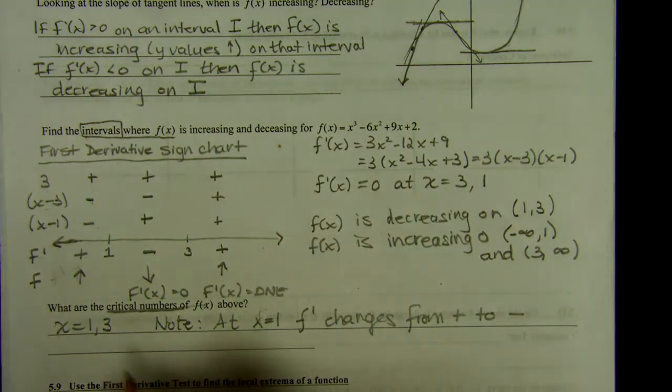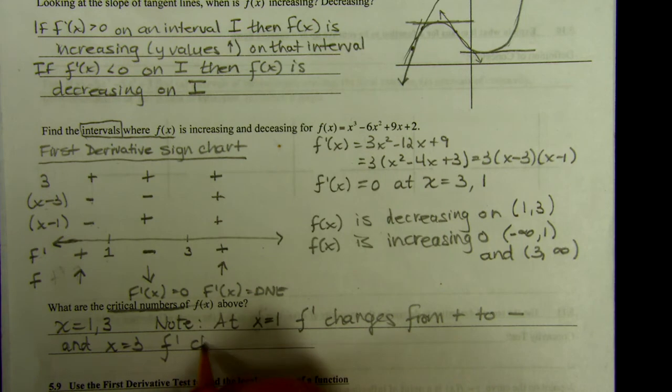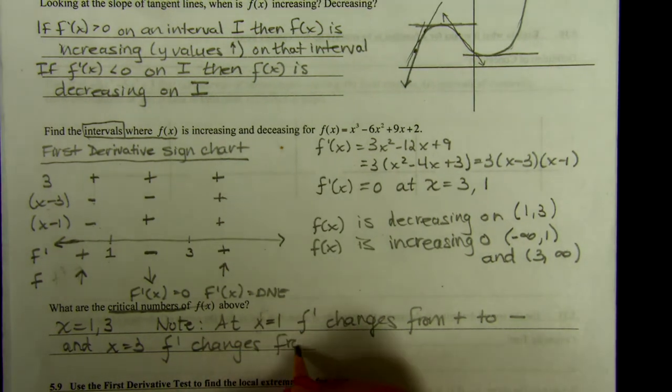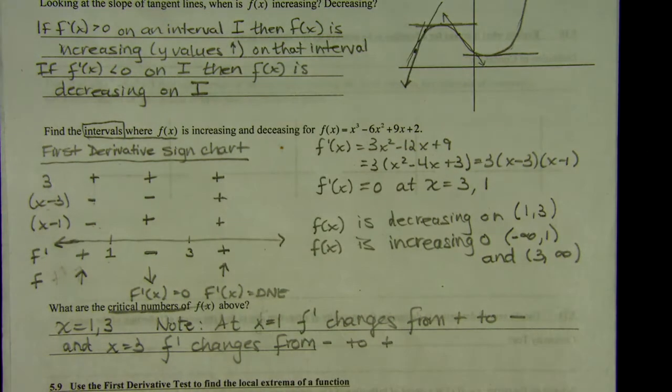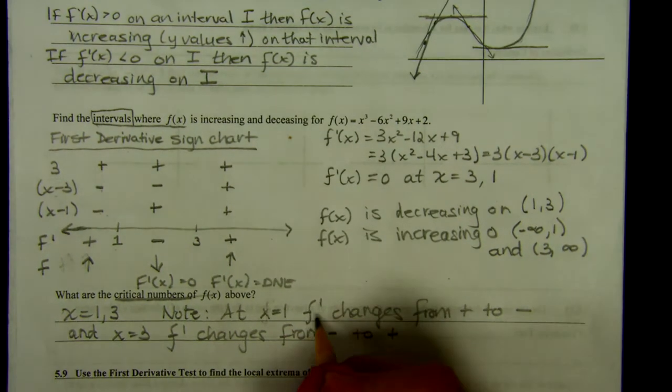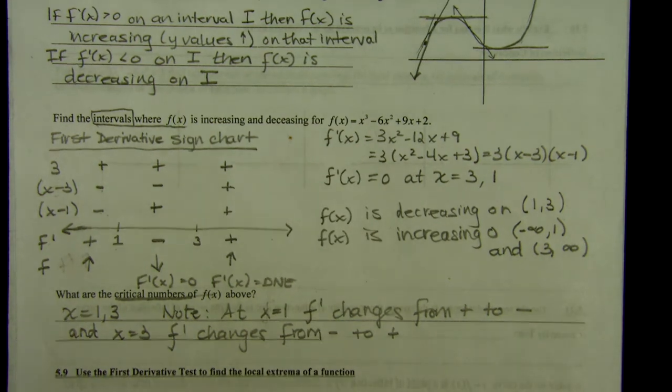Okay, and at x equals 3, the derivative changes from negative to positive. That's going to become pretty important as we move through this unit, noticing what is happening at those critical numbers. How are things changing on either side of them, and what does that tell us about the function?